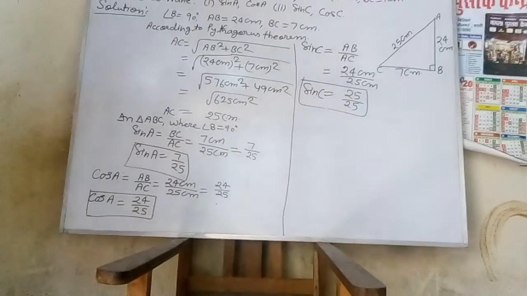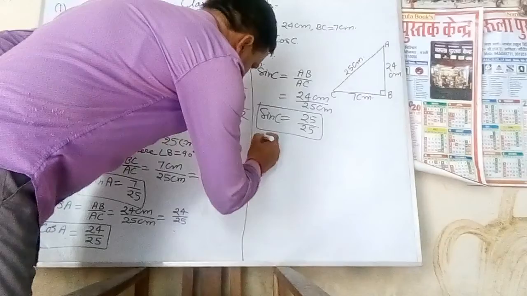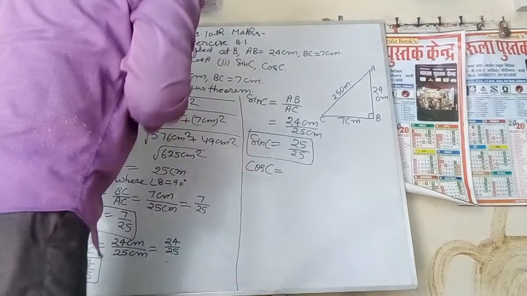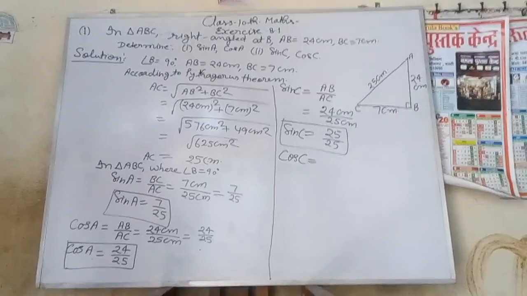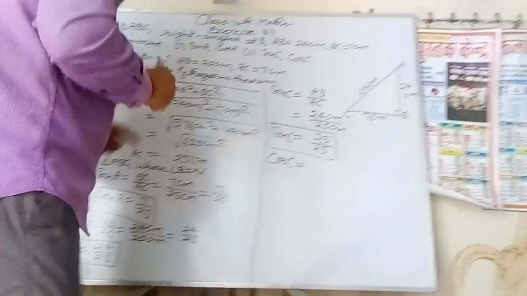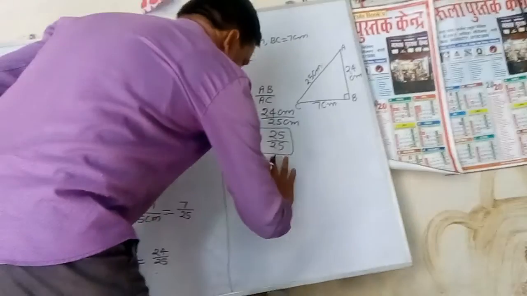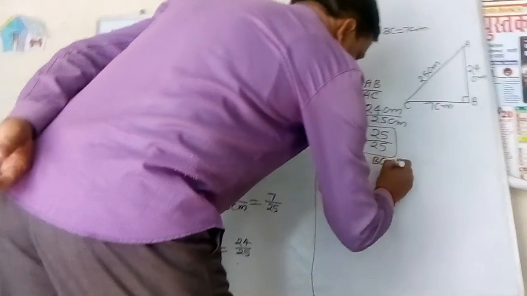And cos of angle C, cos of angle C equal to, for cos C, BC is base, so BC upon AC. Why BC upon AC? Because cos is base upon hypotenuse and here base is BC.